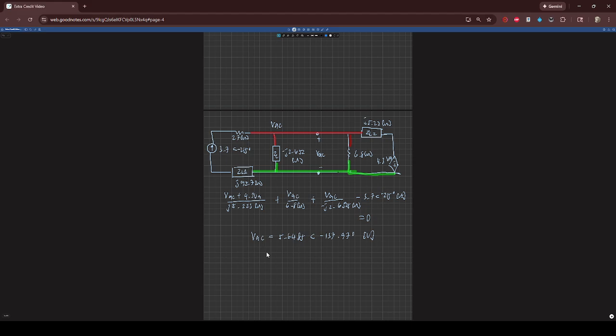See, VAC, when converted back to time domain, always make sure you use cosine, and 290 radians per second t, subtract 137.97 degrees volts.